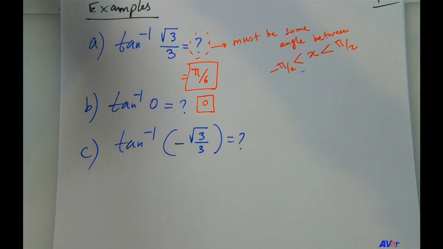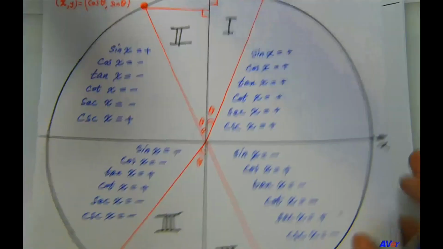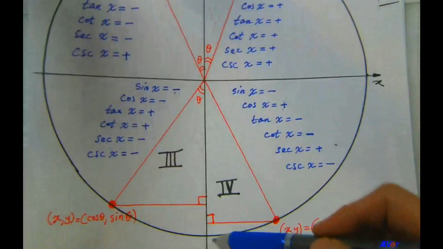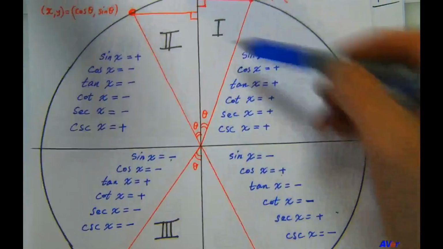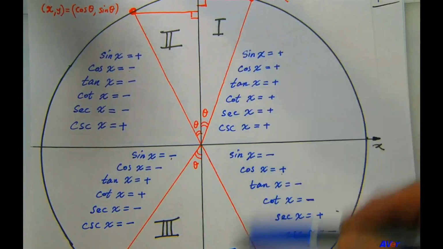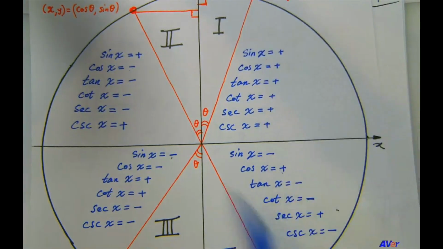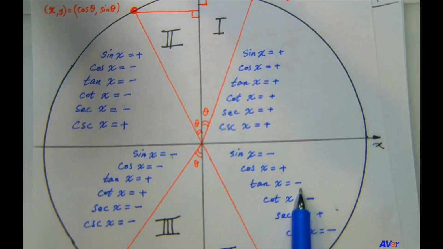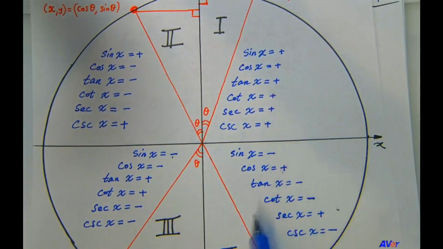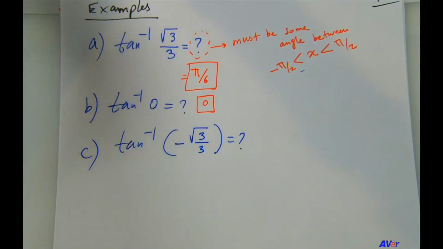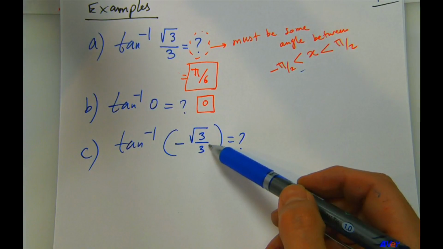In a quadrant where either sine or cosine is negative, right? But if we are between pi over 2 and negative pi over 2, then we should be either in quadrant 1 or in quadrant 4. So only in quadrant 4 the tangent is negative because it's positive up there.